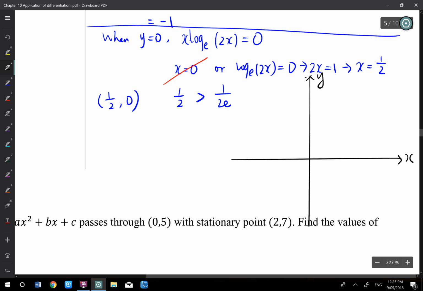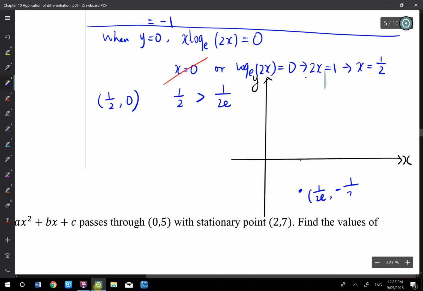So let's put the information we know here. Because the domain is only 0 to infinity, I can draw like this. Okay, 1 over 2e and minus 1 over 2e, and it's the minimum turning point. So let's say this point is here, 1 over 2e, minus 1 over 2e.